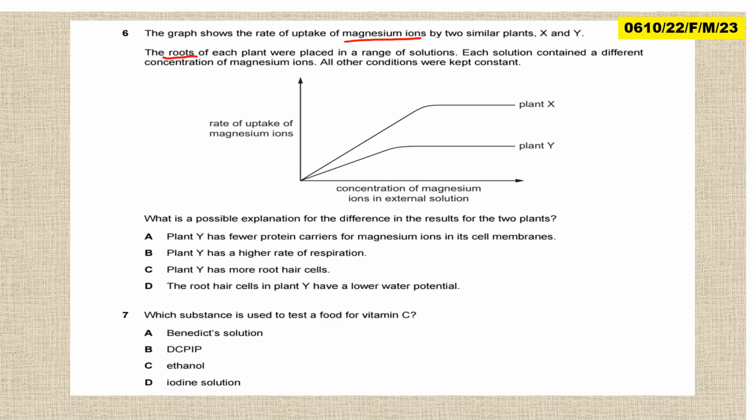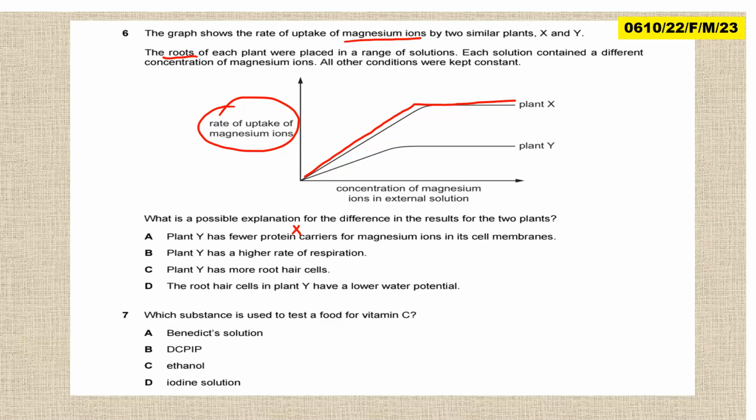Now, if all other conditions were kept constant, look at this. Magnesium ion uptake against concentration of ions. This one that is outside has a high rate of uptake compared to the one that is inside. What is the possible explanation for the difference in the result of the two plants? Plant Y has few protein carriers. No, if it had few protein carriers, it could not be fast.